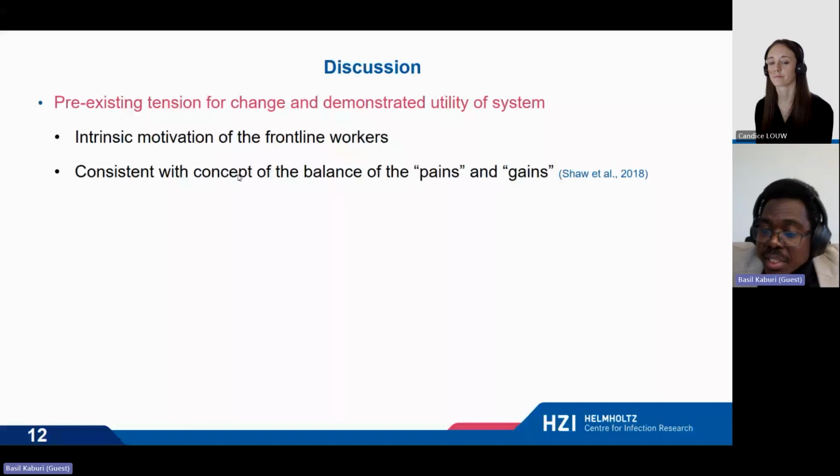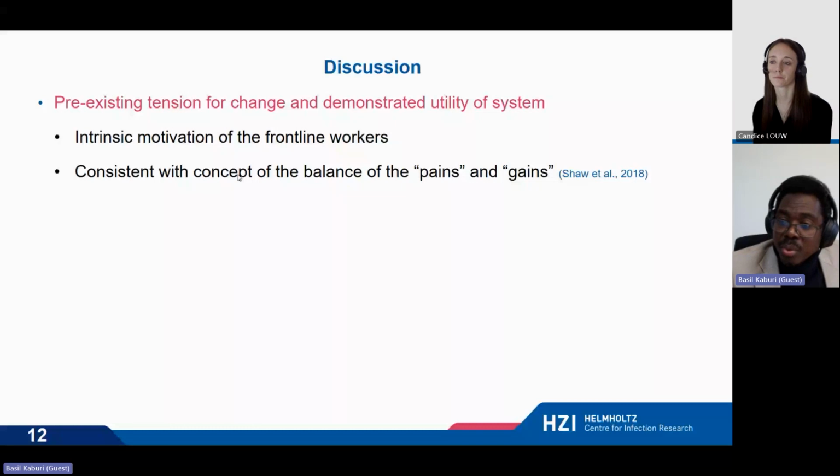Now, just a short discussion on the facilitators. So the pre-existing readiness for change and the demonstrated utility of SORMAS in the pilot phase was one that informed the motivation of the frontline workers.